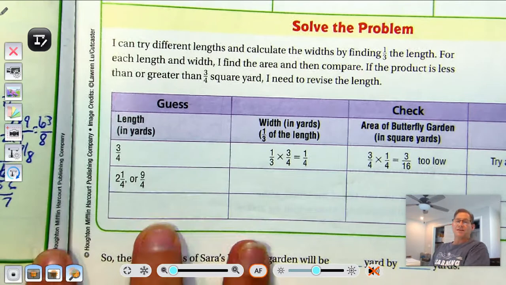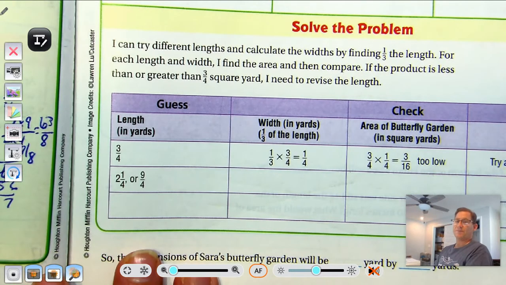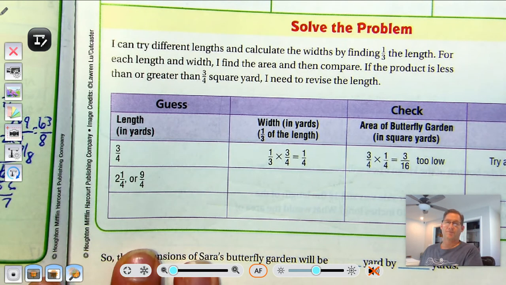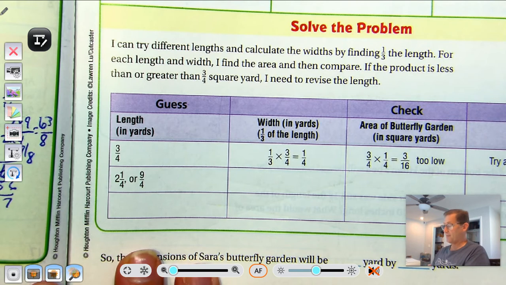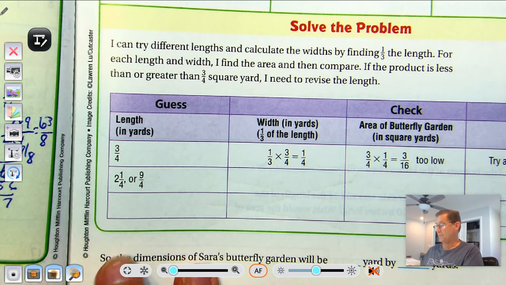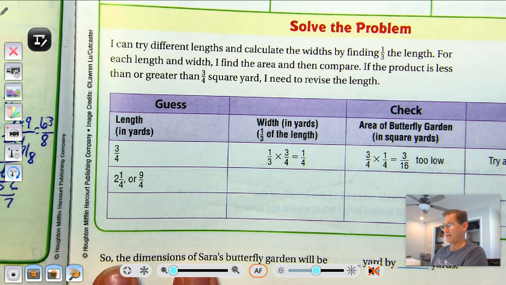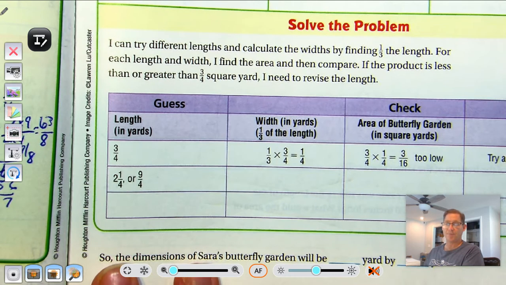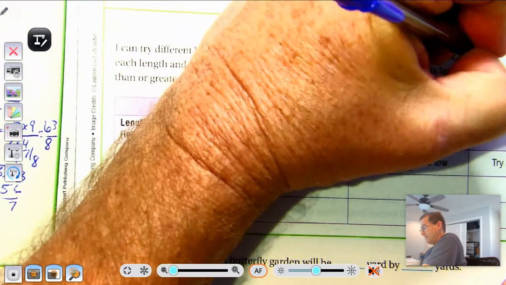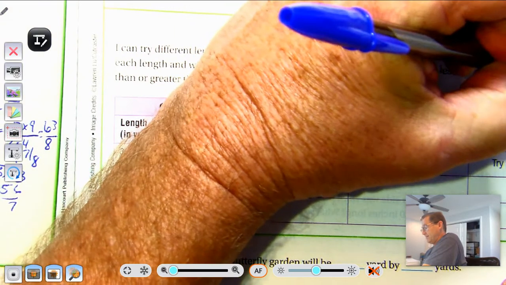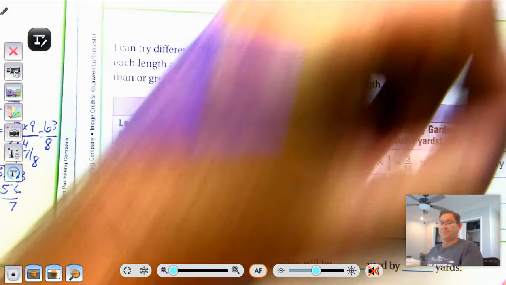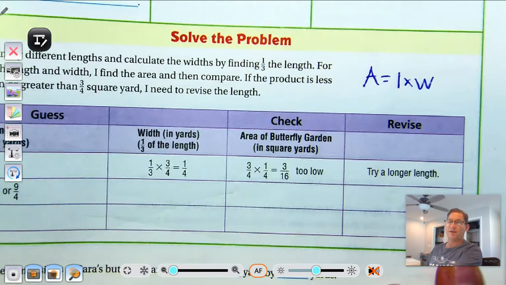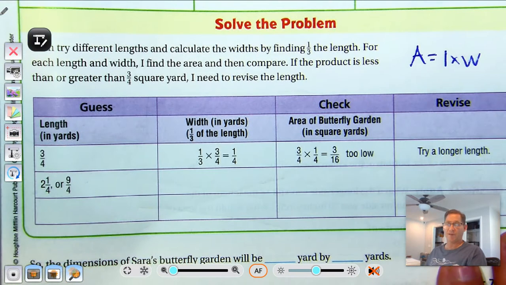All right, so I can try different lengths and calculate the widths by finding 1/3 the length. For each length and width, I find the area and then compare. If the product is less than or greater than 3/4, I'll need to revise the length. So remember now, area is found by multiplying length times width.